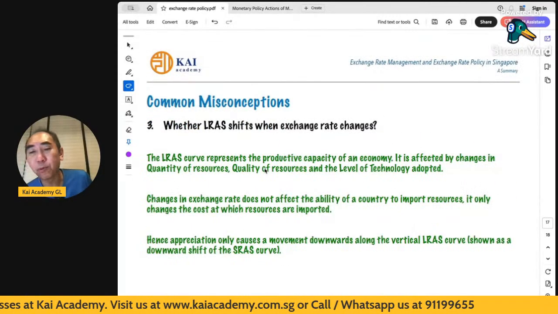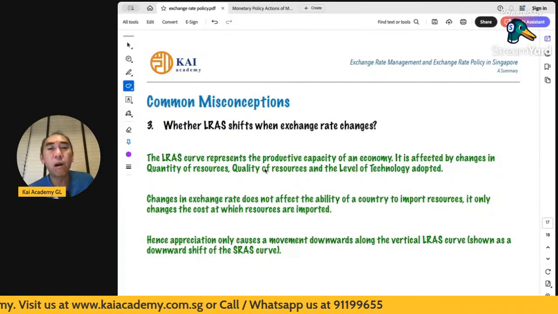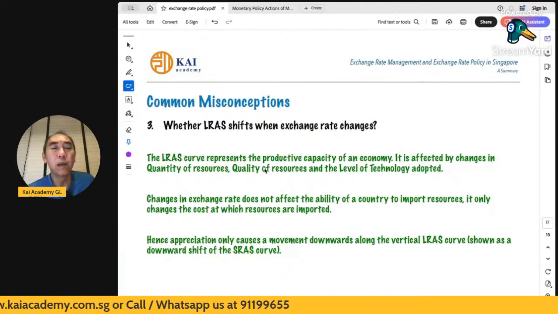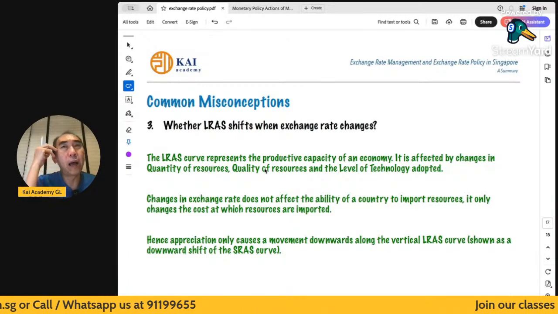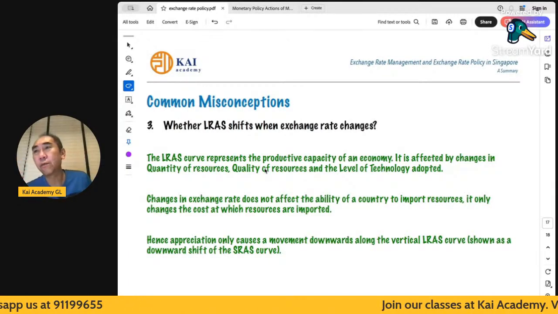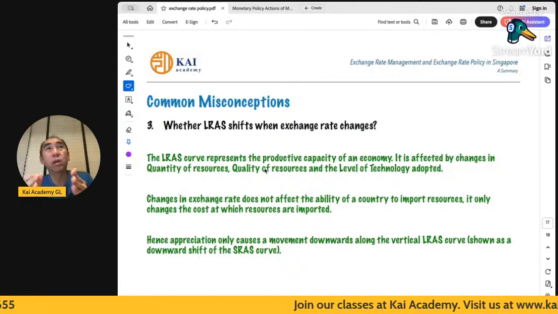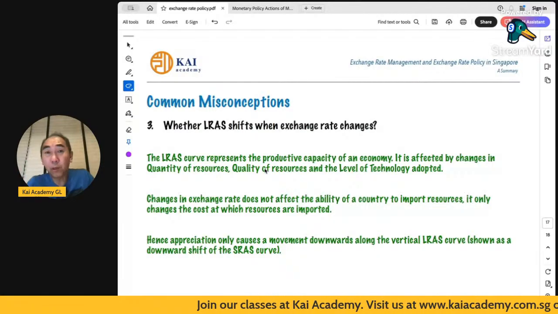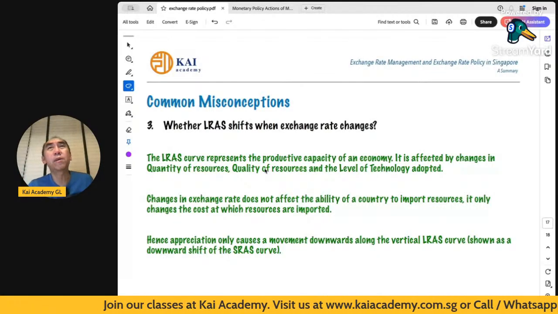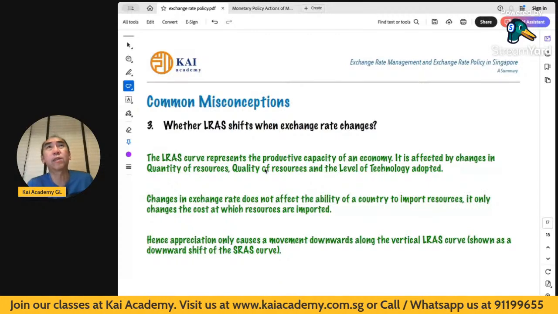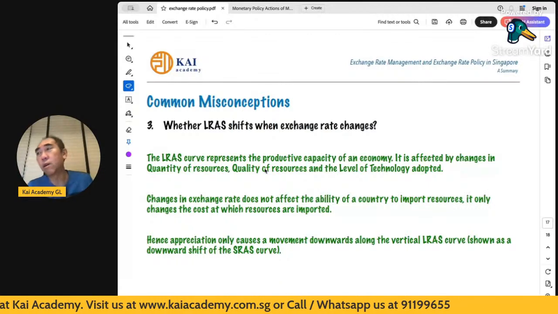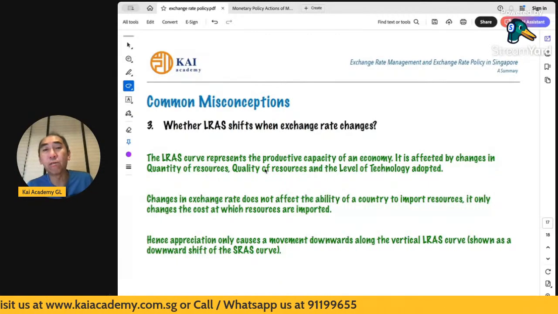Third common misconception, whether the LRAS curve shifts. Now, many have this idea that the LRAS curve measures the productive capacity of the economy, which is right. And what causes the LRAS to change are your QQT factors: your quantity of resources, quality of resources, and the level of technology.